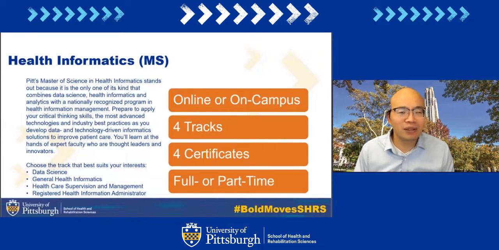This is graduate level, and we offer both an online and an on-campus version. At this moment, most of our students are online students. We also have 4 tracks for students with different backgrounds.